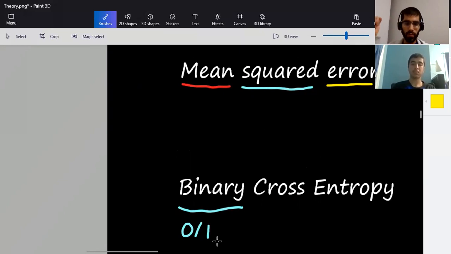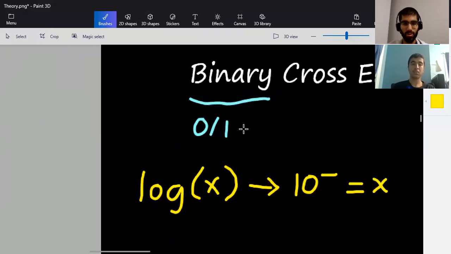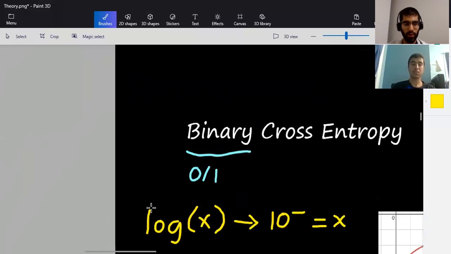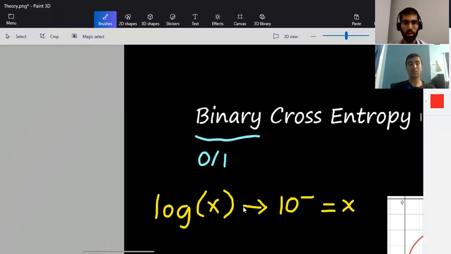this function is going to use the logarithm. If you know what that is in math, great. If you don't, here's a quick reminder. If you have the log function and you're taking log at x, what that means is 10 to the what power is equal to x. So for example, let's say you're taking the log of 100, then 10 squared is equal to 100. So the log of 100 returns 2.